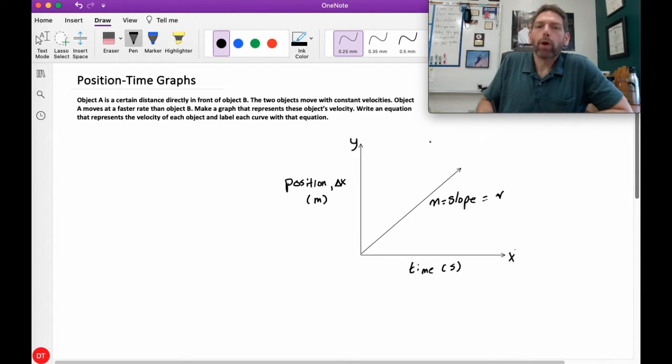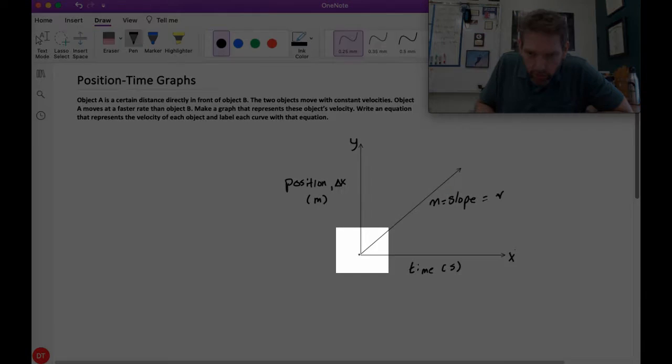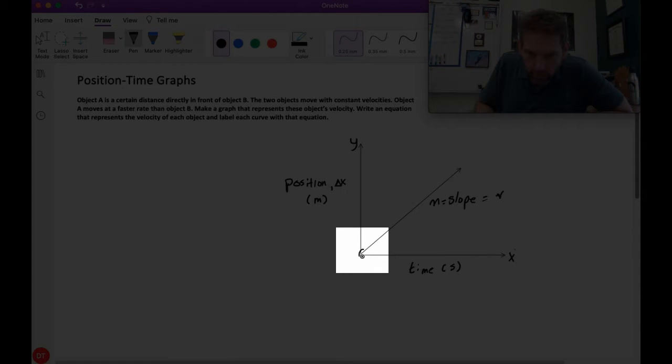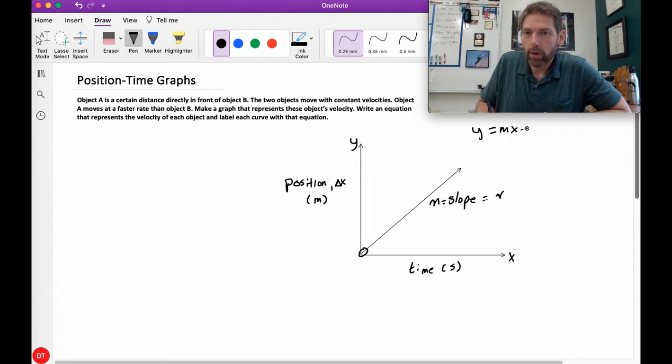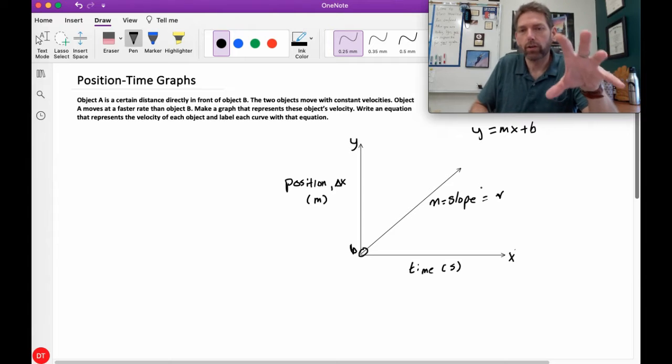Okay, so right here, where this point intersects, we know that to be what? Well, if we go back to y equals mx plus b, then this is your y-intercept right here. Now, there's a couple of things that could happen.